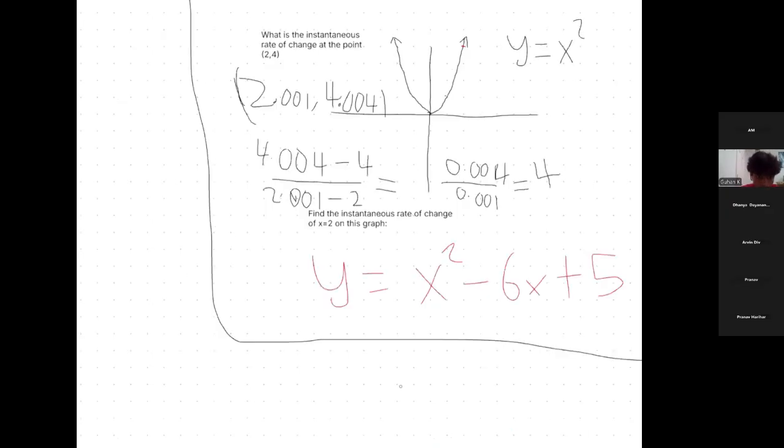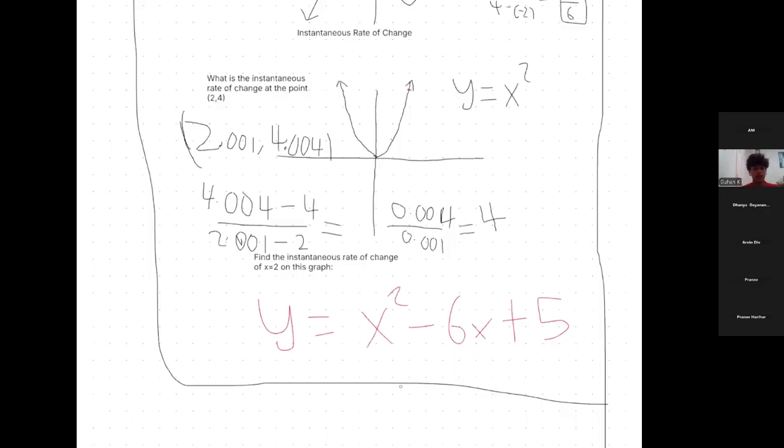So now I want you guys to take some time to do this question right here. I hope you either have a graphing calculator or you can pull up Desmos on desmos.com. I'll actually put that in the chat right now.